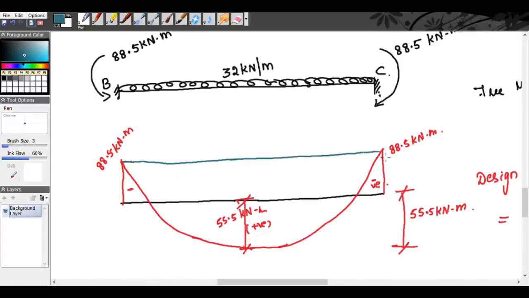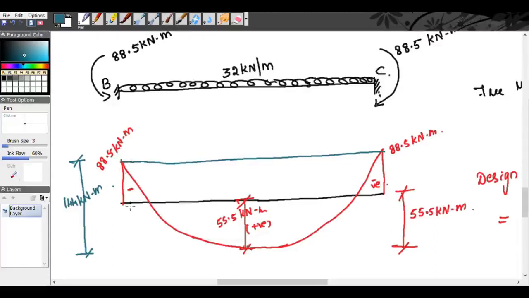So 55.5 plus 88.5, total you get 144 kilonewton meter at the center of the span. So this positive and this negative gets compensated.